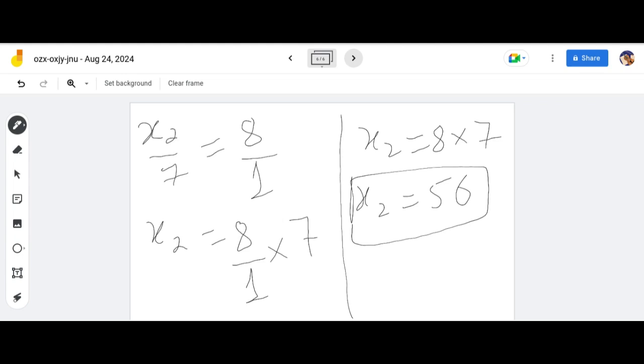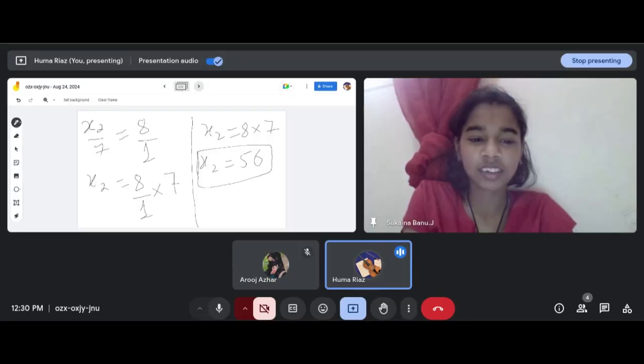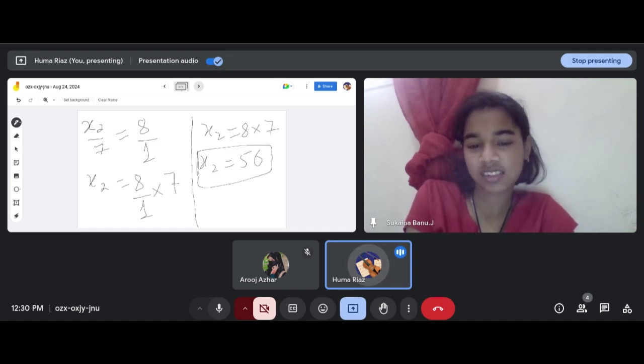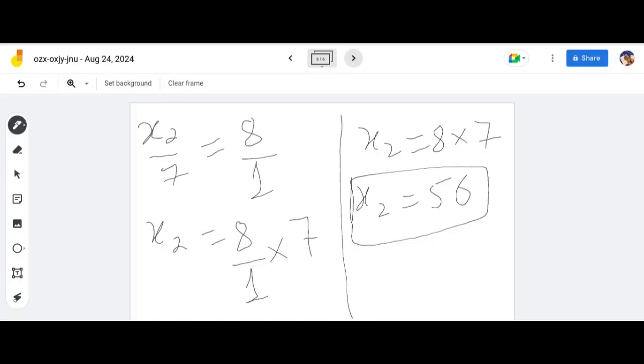Yeah, ma'am, but then you can just directly multiply it, right? Yes, we can do that directly, but do you know that in maths every step carries marks? So you have to follow every step. Like this, we have to mention x2 by 7 is equal to 8 by 1. This is the first step, this is the second step, this is the third step, this is the fourth step.